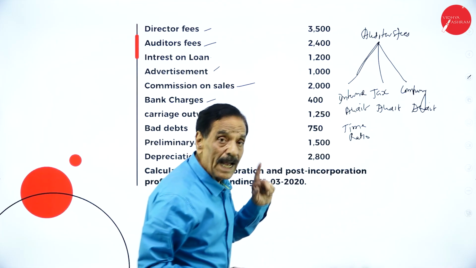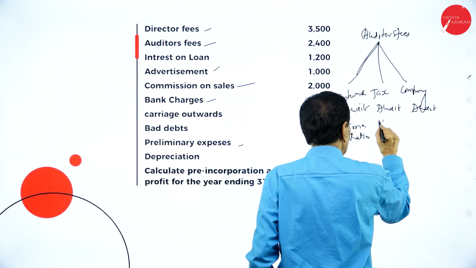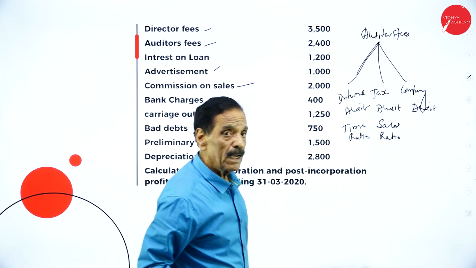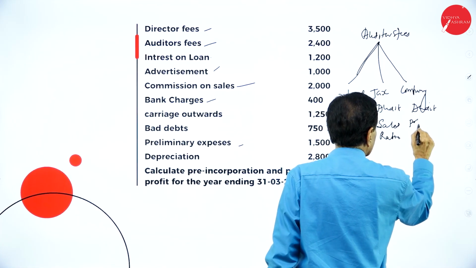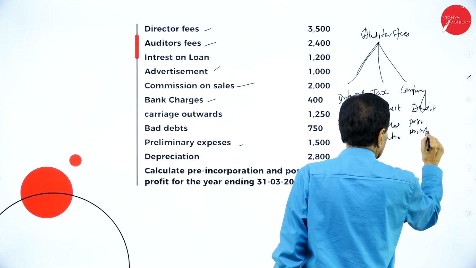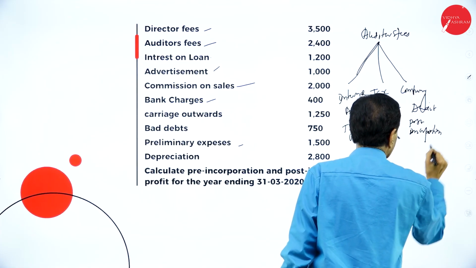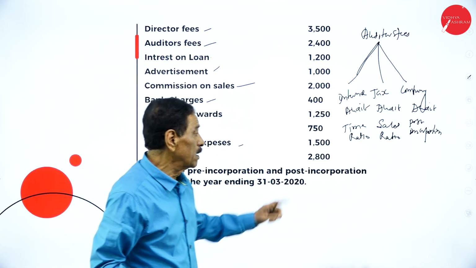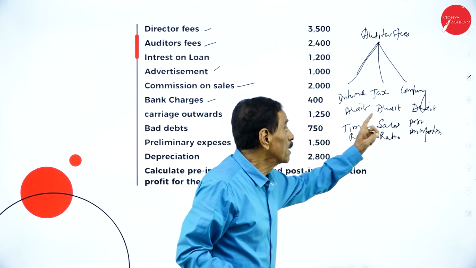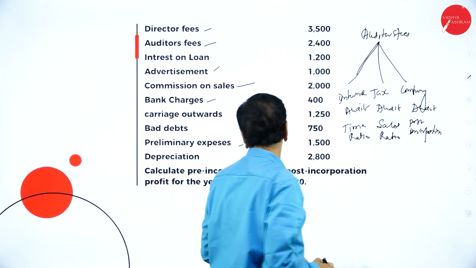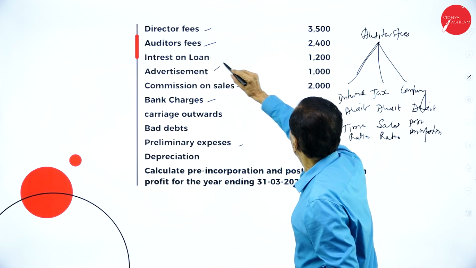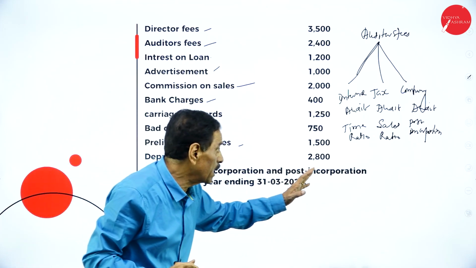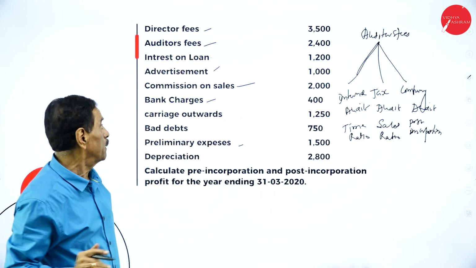If they ask tax audit, then it's a sales ratio. Then company audit is post incorporation. Here, auditor fees is not mentioned. So, as a student, you consider it as an internal audit. Go with the time ratio.